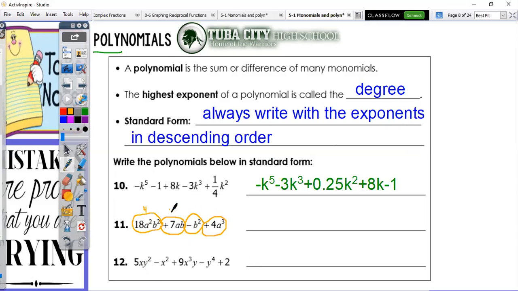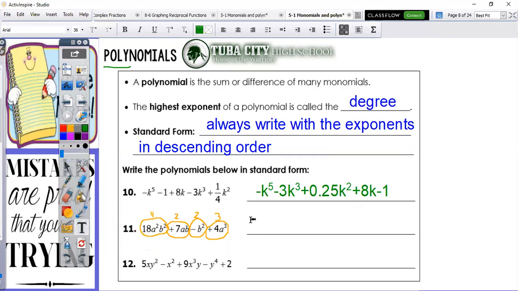This one is going to be a 2 degree because I have 1 A and 1 B, or A to the 1 power, B to the 1 power, which means I have 2 variables being multiplied, so it is a 2 degree term. This one is also 2, and you might be looking at this thinking, oh, we have a tie. What can we do? I'll show you in just a second. This last one here is a 3 power because, well, this one's obvious, you can easily see the power is 3. So let's go ahead and type this in order.